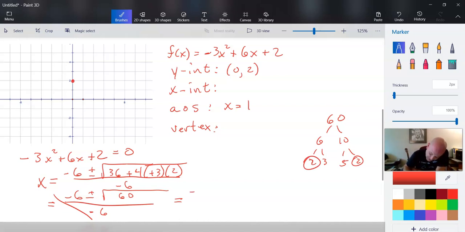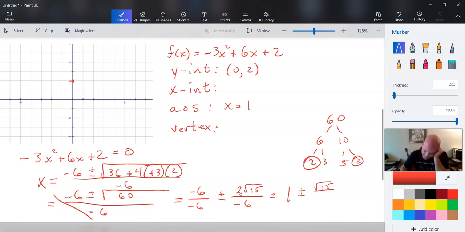So this is now negative 6 over negative 6 plus or minus 2 root 15, because the 3 and the 5 still get multiplied together, over negative 6. If we simplify this now, this ends up being 1 plus or minus, 2 and 6 cancel, so that makes it the square root of 15.